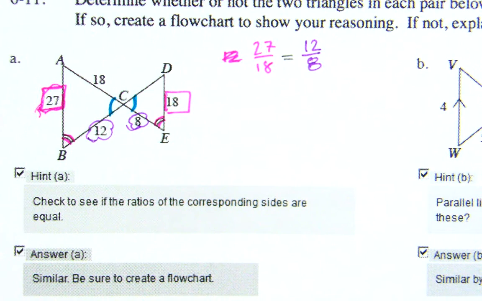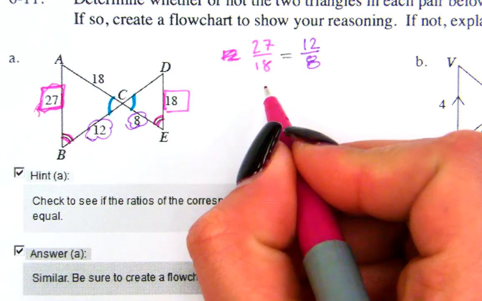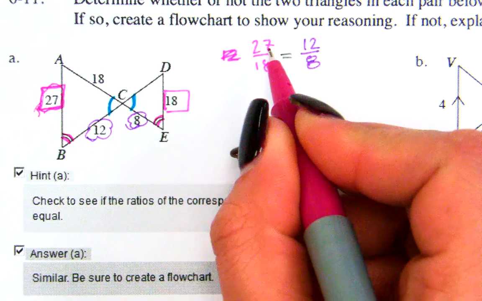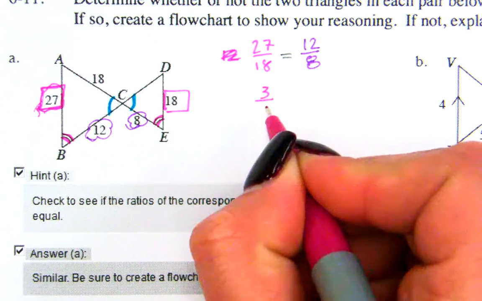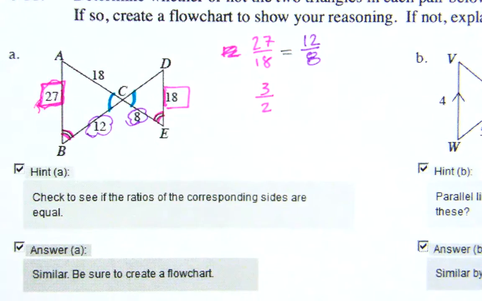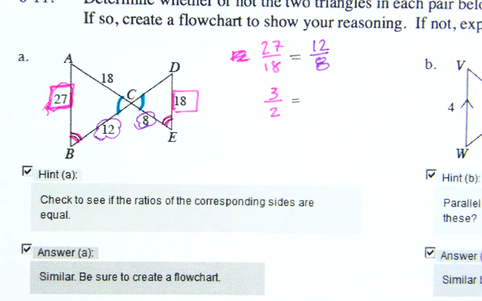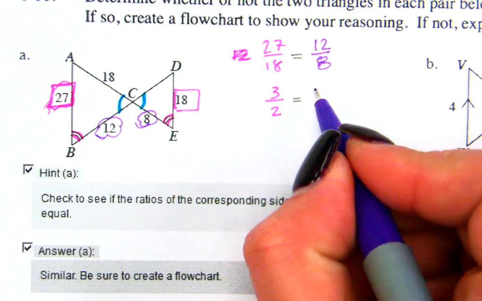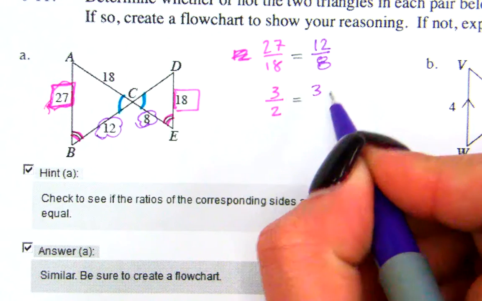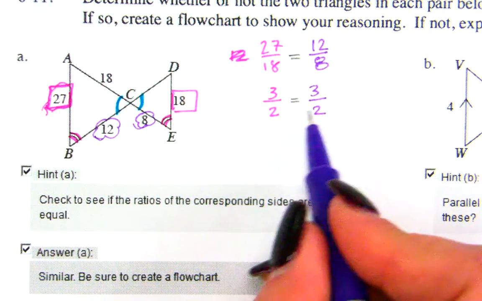Well, simplify. 27 divided by 9 is going to give you a 3. 18 divided by 9 is going to give you a 2. Is that equal to 12 and 8, which have a 4 in common? Well, 12 divided by 4 is going to give you a 3, and 8 divided by 4 is going to give you a 2. Yes, they are proportional. The ratios are the same.